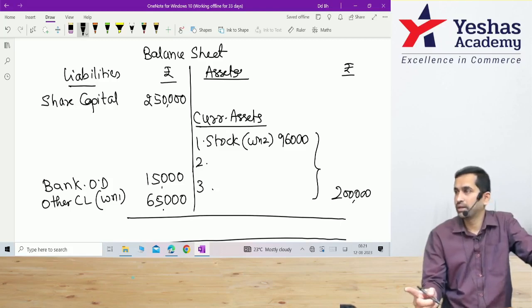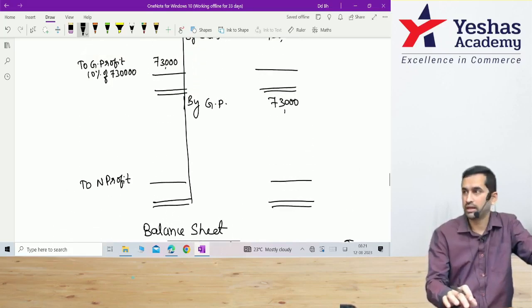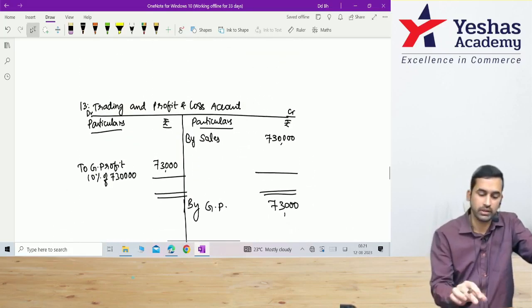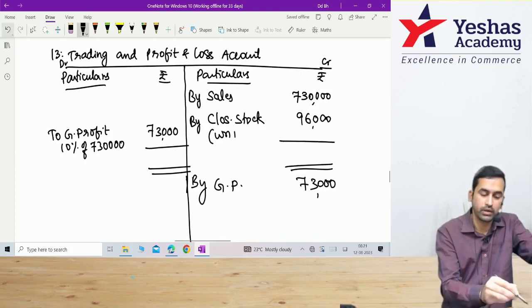Now I can go to my trading P&L and fill closing stock on the credit side. Everybody go to trading account and write by closing stock 96,000 coming from working note 3.